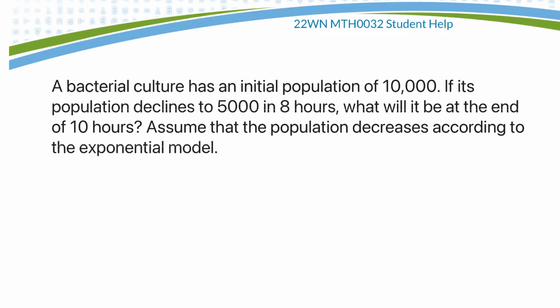A bacterial culture has an initial population of 10,000, so that'll be my P0. If its population declines to 5,000, so this would be my P of t, in 8 hours, I guess it's my P of 8. What will it be at the end of 10 hours? Let me write my formula: P of t equals P0 e to the kt.